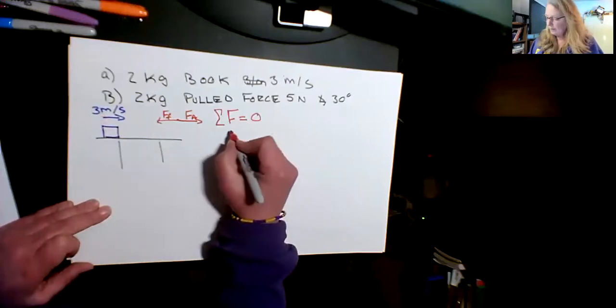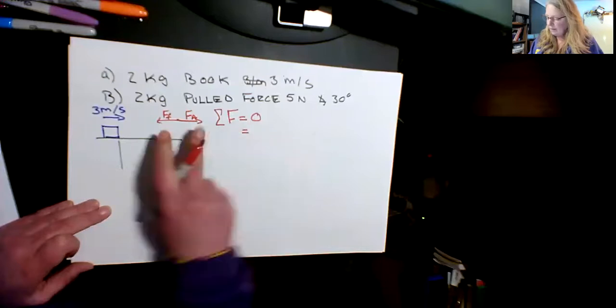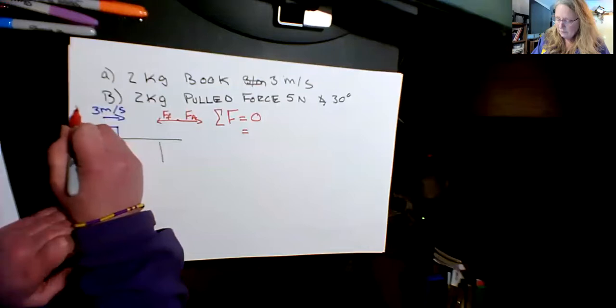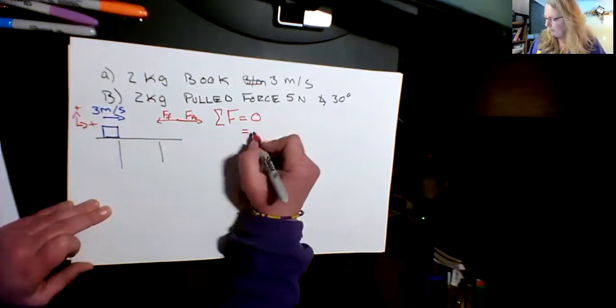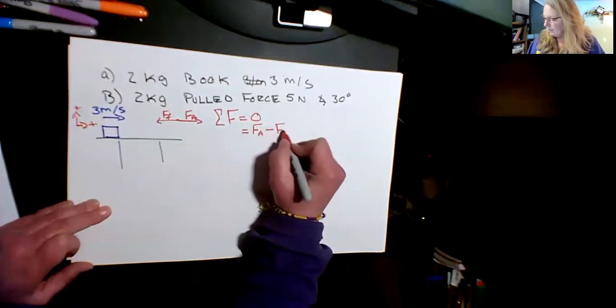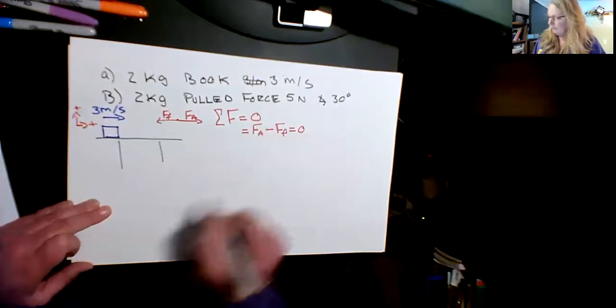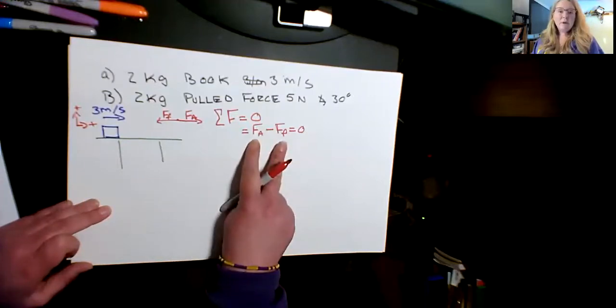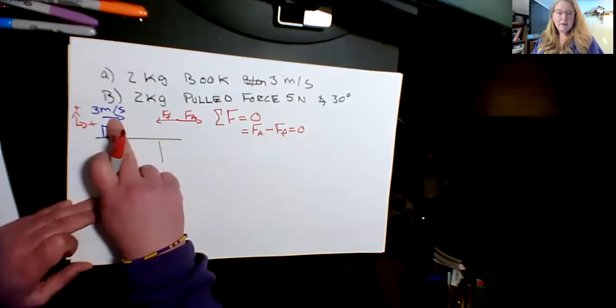If I've defined up and to the right as positive, then my force applied minus the force of friction must equal 0. So these two forces must equal each other to maintain a constant velocity.